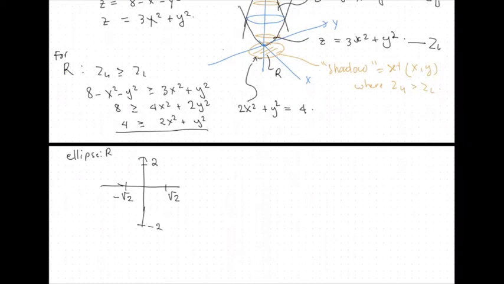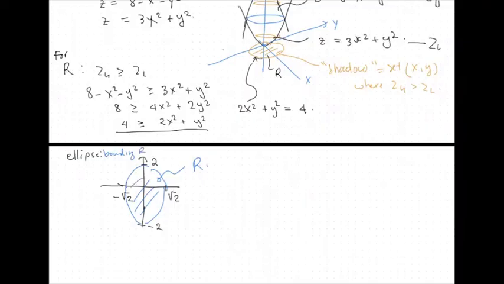Then you have the ellipse. Your shadow in this is this R. This R is bounded by the ellipse.